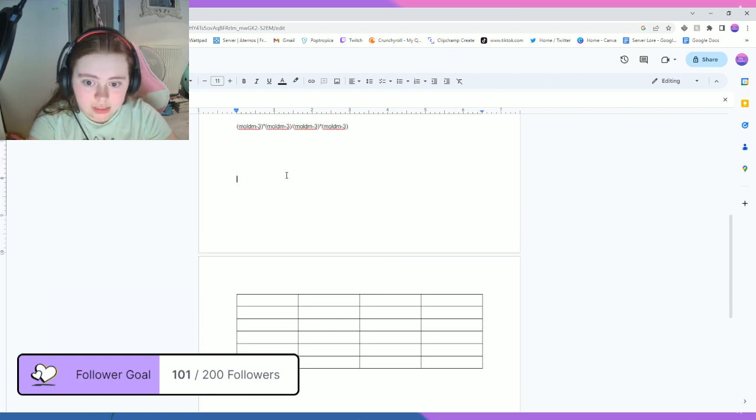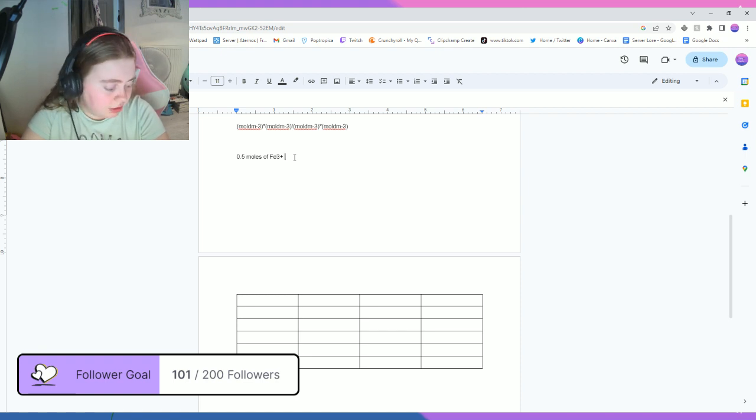So we're gonna write out a little example question. 0.5 moles of Fe3+ are added to 0.5 moles of Ag+ in a 1.5 decimeter cubed solution.